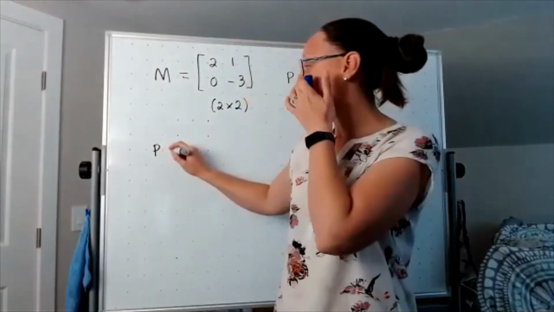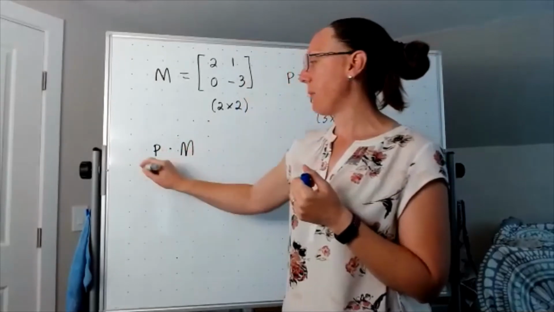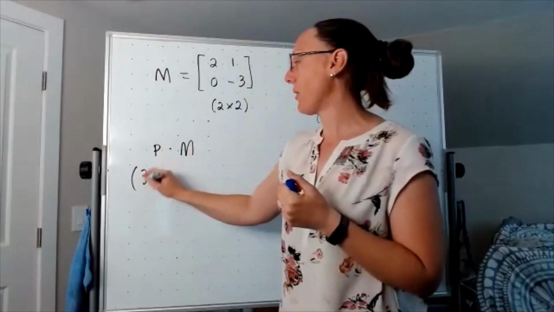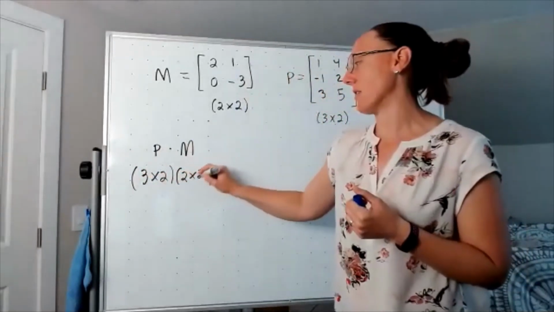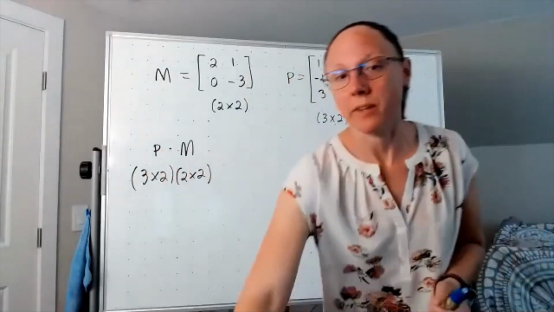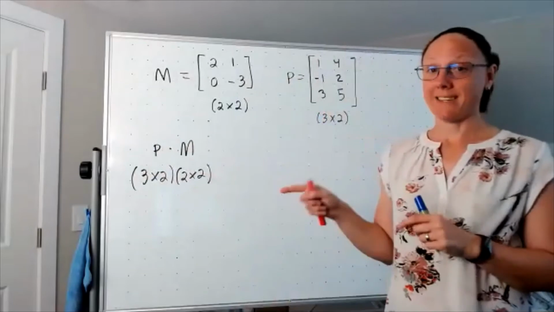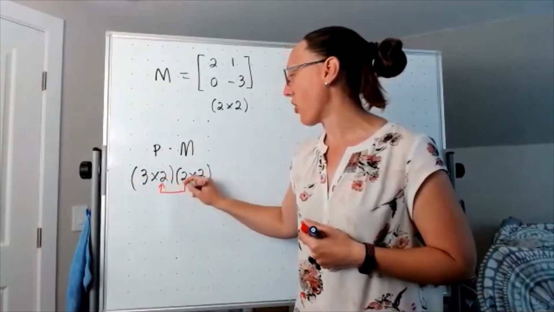If I wanted to multiply P times M, the dimensions of P are 3 by 2. The dimensions of M are 2 by 2. And the way that I know that I can do this multiplication is that when I stack them up like that, these inside dimensions are the same.